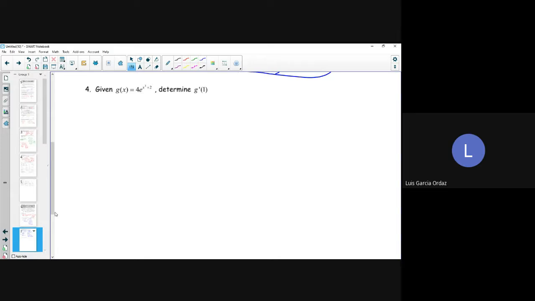All right. And then the last example of this lesson is given g of x is equal to 4 times e to the power of x cubed plus 2. I want to determine g prime at 1. So this is no power to a power. Okay. What is my derivative of this function?